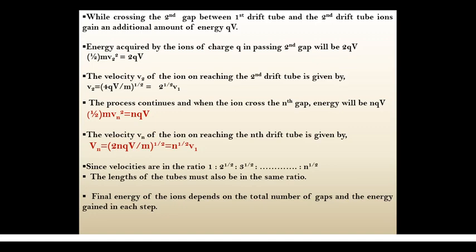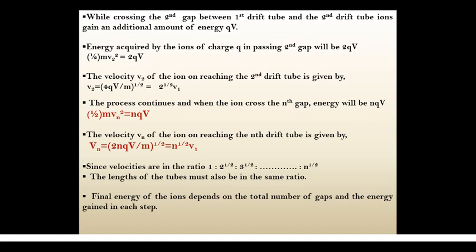And the final energy of the ions depends on the total number of gaps and the energy gained in each step. If we want higher energy, we can add more drift tubes, so that the number of gaps increases and we can attain high energy.